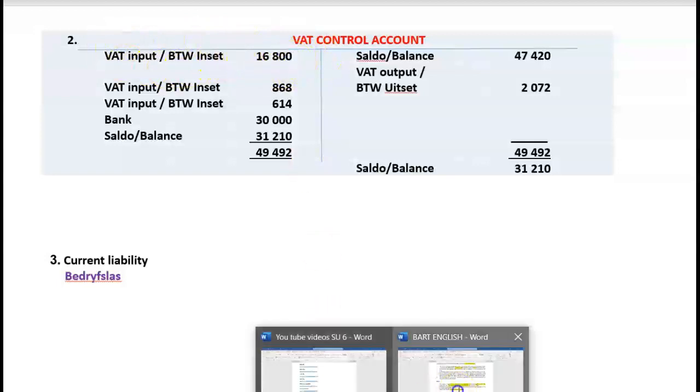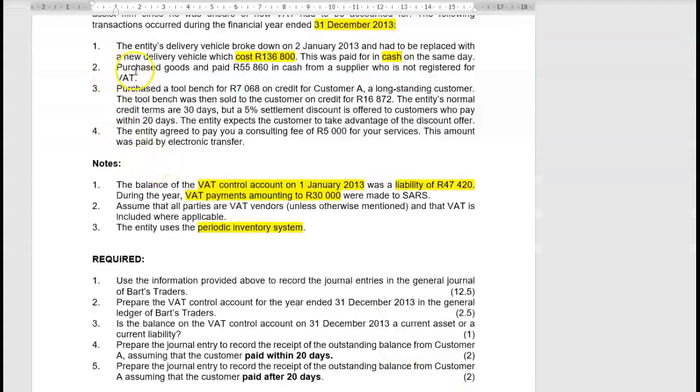16,800 Rand. The second entry, purchased goods and paid 55,860 in cash from a supplier who is not registered for VAT. So very clearly, this specific supplier was not registered for VAT. The question that you have to ask yourself is, can this guy issue a tax invoice if he's not registered for VAT?